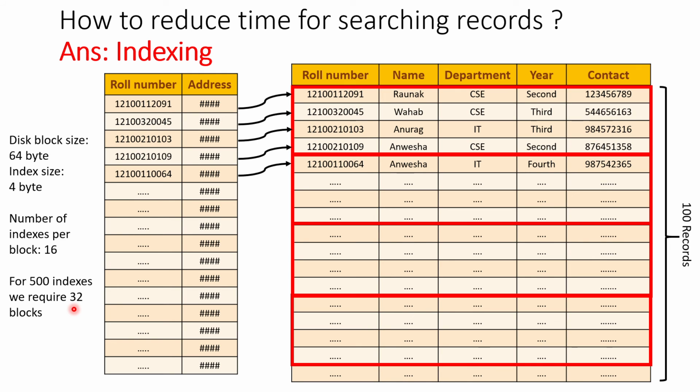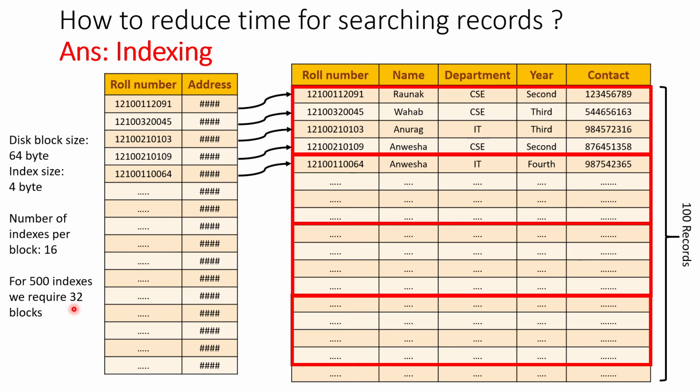So that means 32 blocks are occupied for this index table and 125 blocks are occupied by the actual table. If I still consider that I have a linear search, the question will come: how many blocks do I have to check?